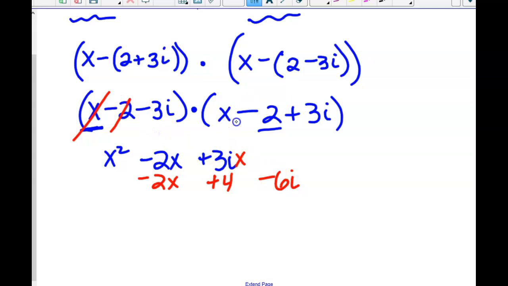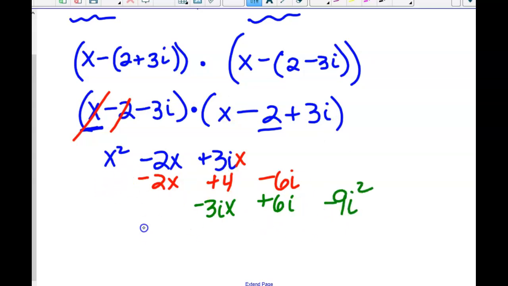Okay, now I got to go back and I'll change colors, I'm going to do -3i times all those. So I have -3i times x. -3i times -2. And then -3i times positive 3i, which would be -9i squared.